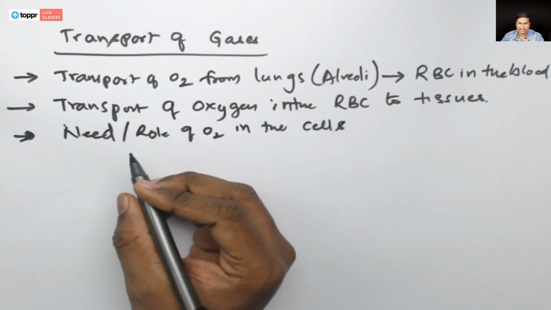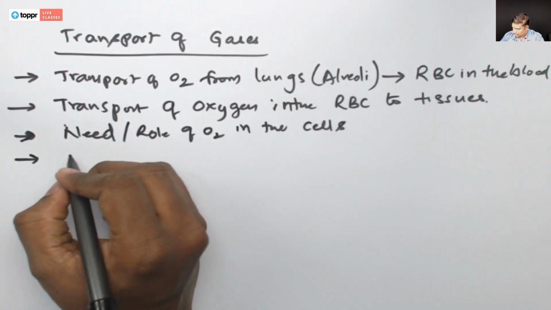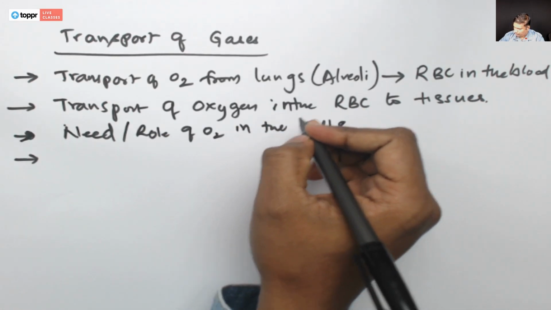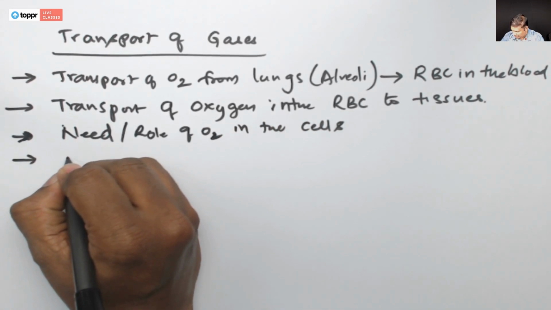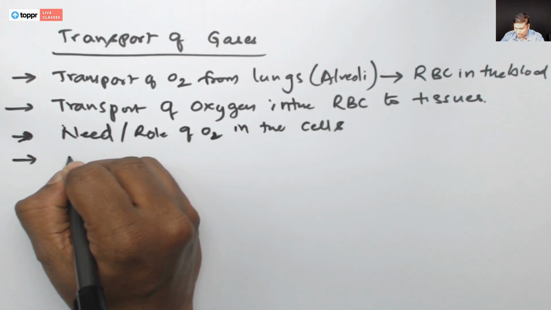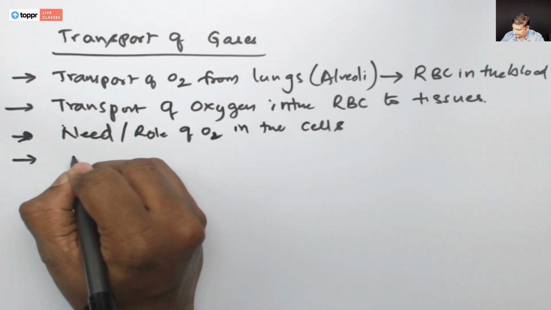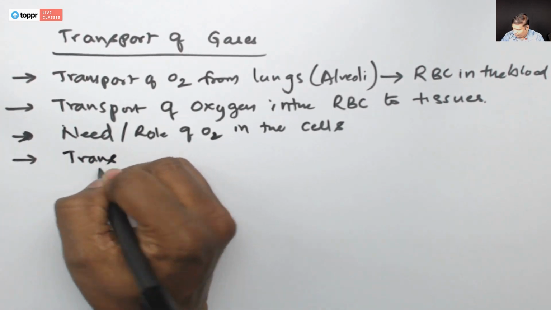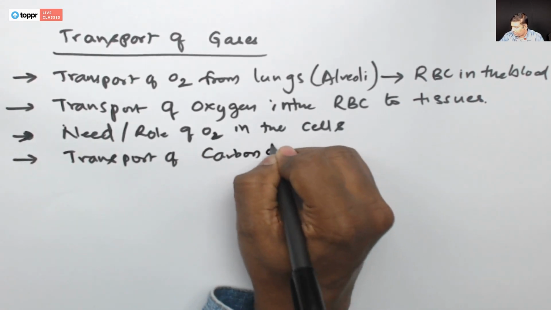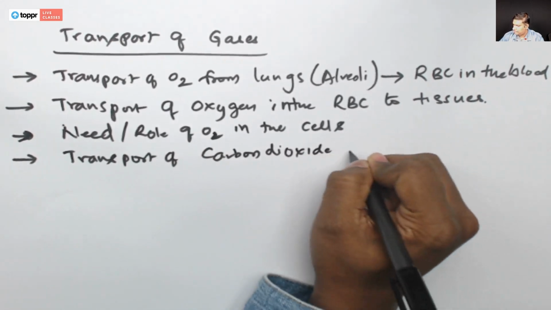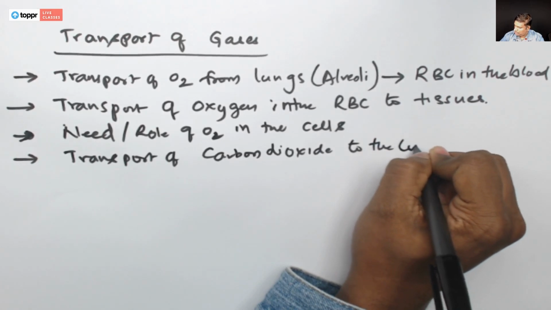Okay, what happens to this oxygen in the cells? Okay, then as a result of all the metabolic activity that happens in the cells in the presence of oxygen, carbon dioxide is released, and then we'll look at transport of carbon dioxide to the lungs.